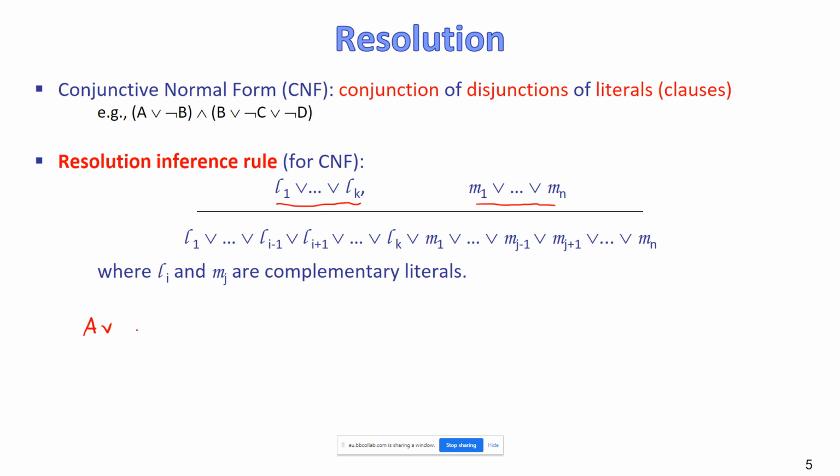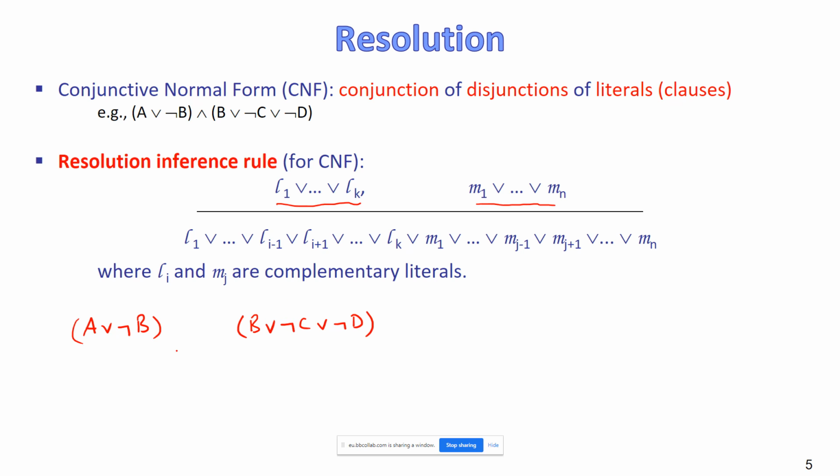So A or not B, that's a clause. And we also have another clause, which is B or not C or not D. In order to apply the resolution inference rule on two clauses, we have to identify a literal in the first clause that is complemented in the other clause.